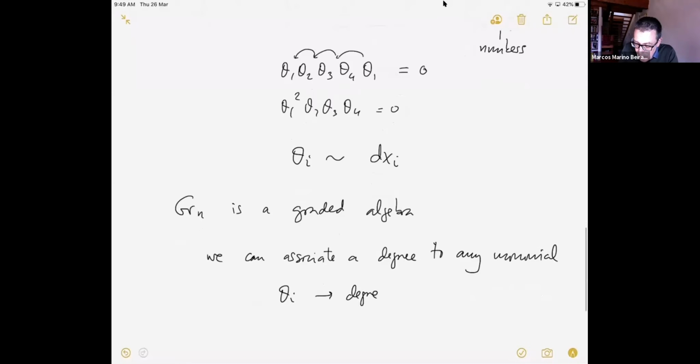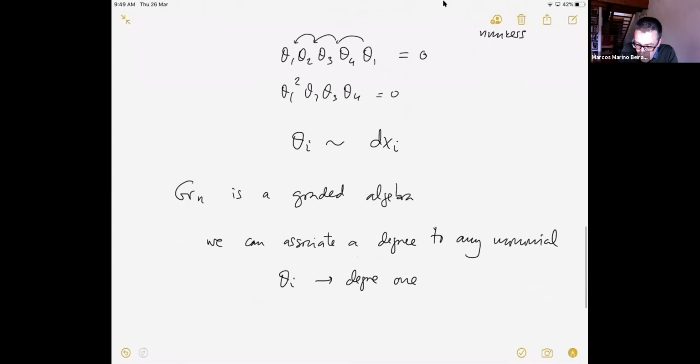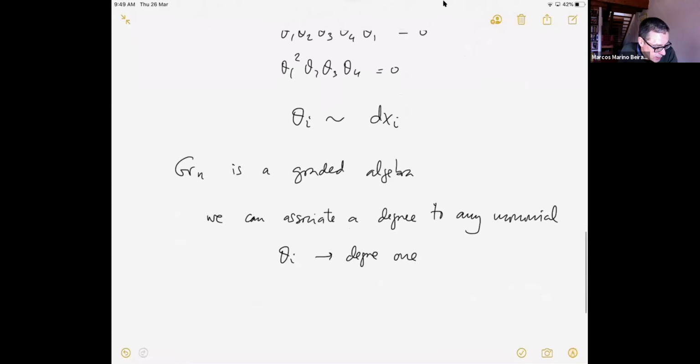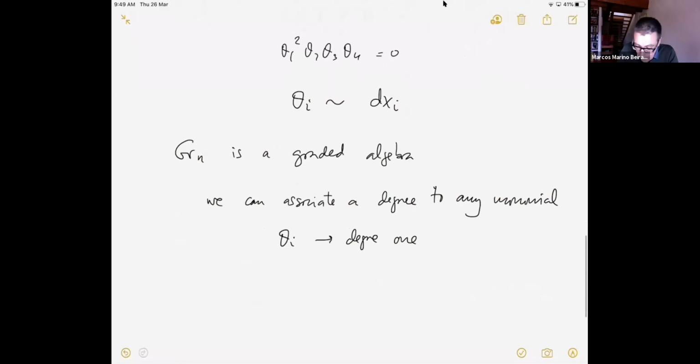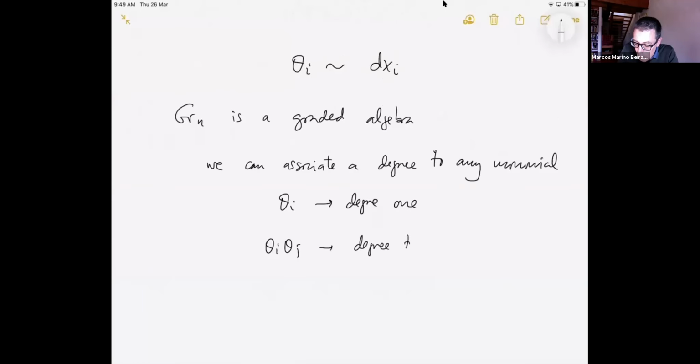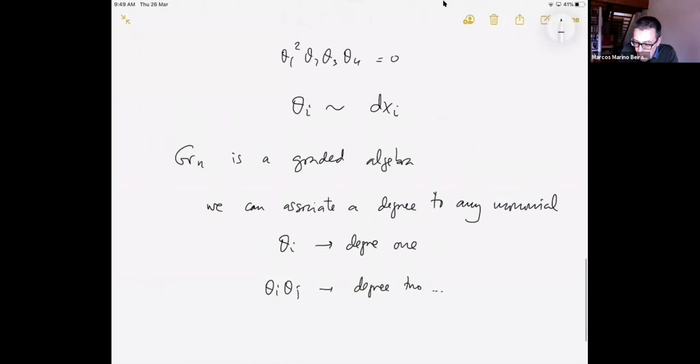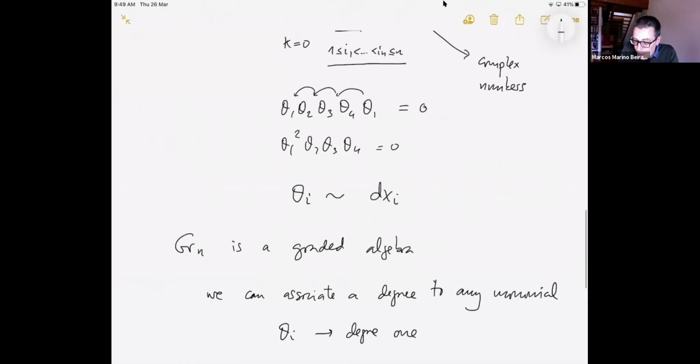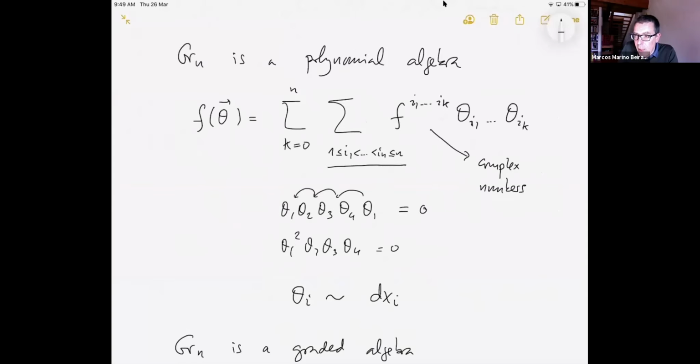Any generator has degree 1. Theta i theta j has degree 2, and so on. And you see that I can decompose any element into a sum of monomials of degree k.